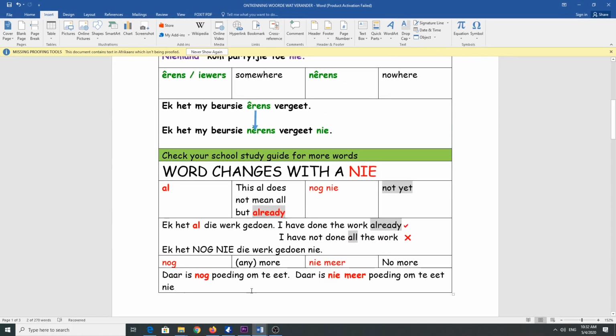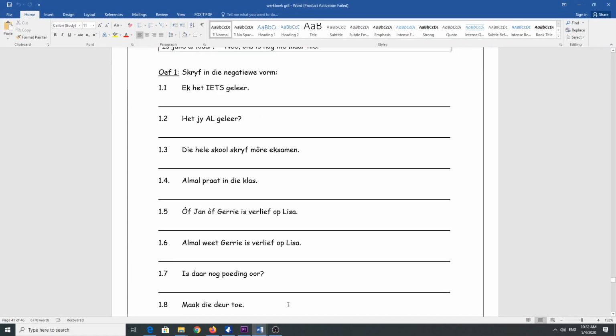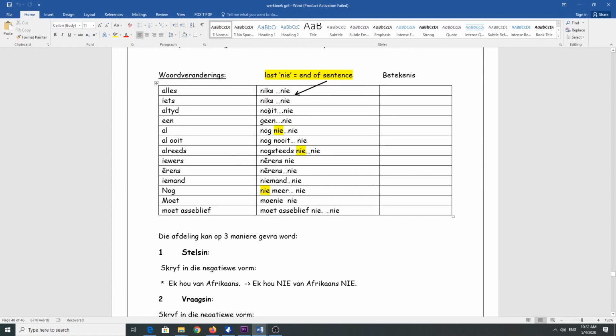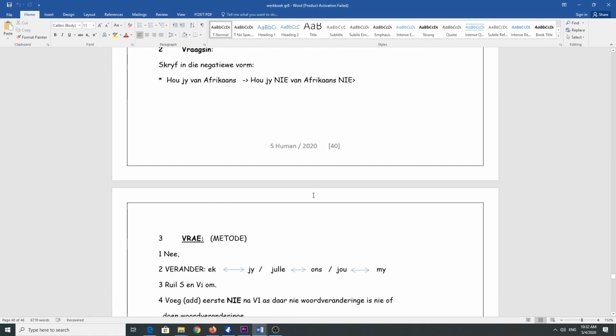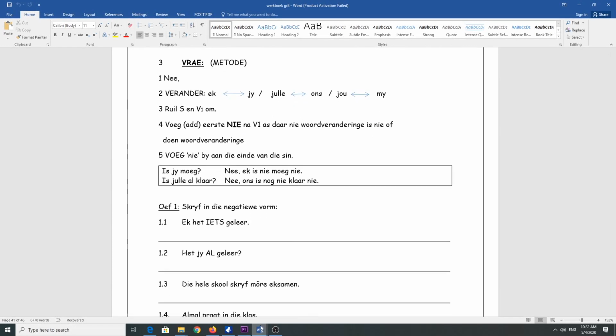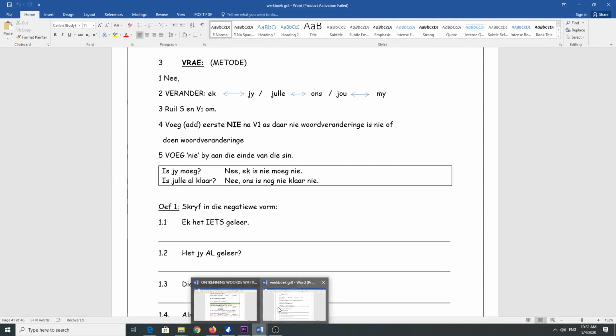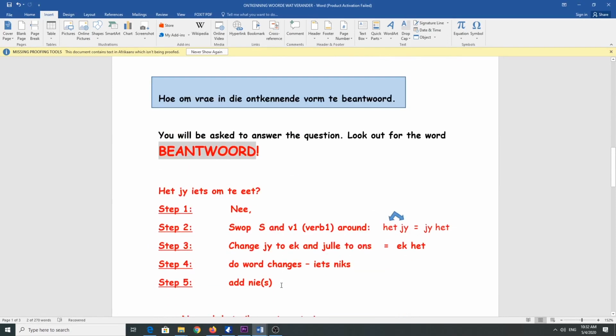The other word change does not change to this, where I've shown you the word changes in your workbook. So when there is a double word change, you are only going to change the first word to this column. Right, so let's look at this.